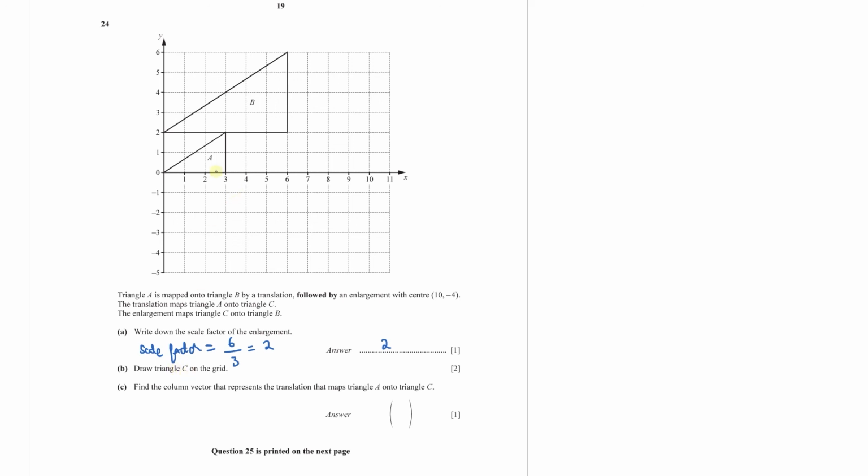So what you can do is use triangle B, and you are also told the center of enlargement. You can use these two to draw triangle C on the grid.